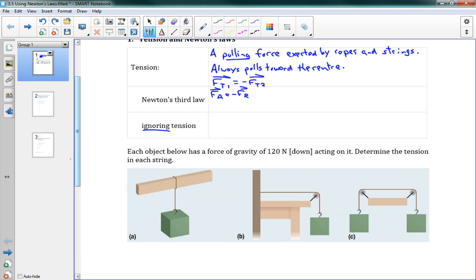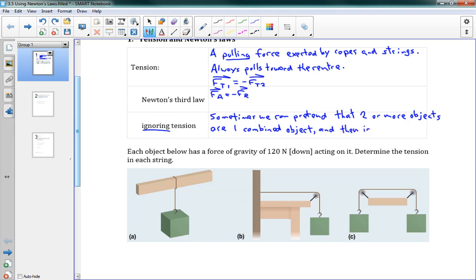So if an object has a rope in it, sometimes we can pretend that two or more objects are really one combined object, and then we can ignore the tension.